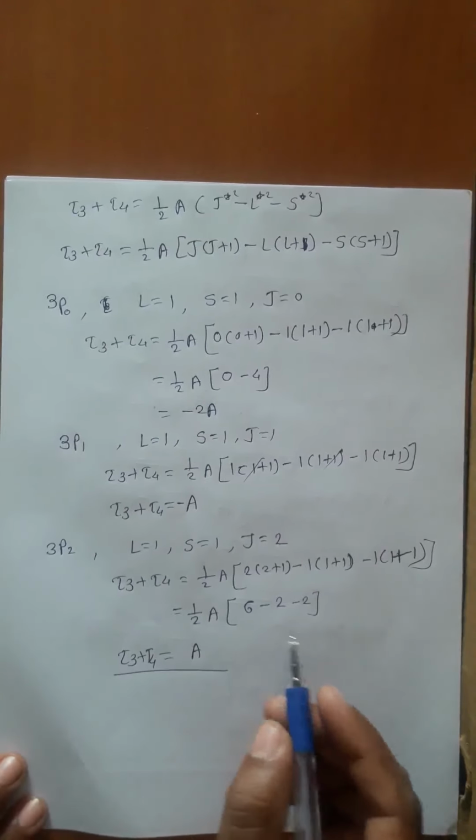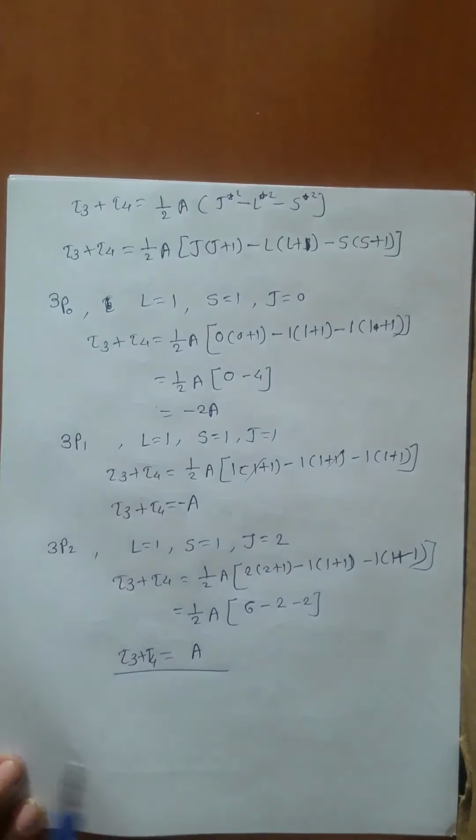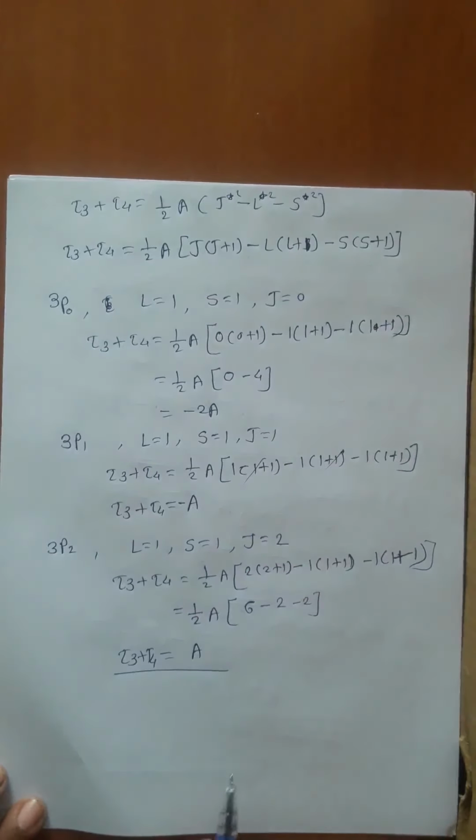This means for tau 3 plus tau 4, for the 3P0, 3P1 and 3P2 states, the values are minus 2a, minus a and plus a.